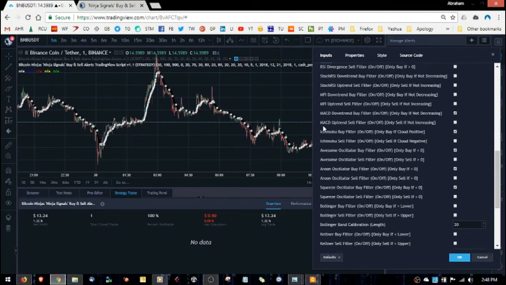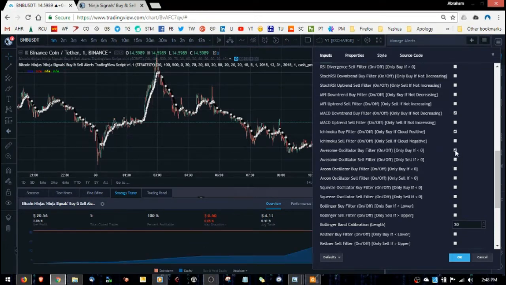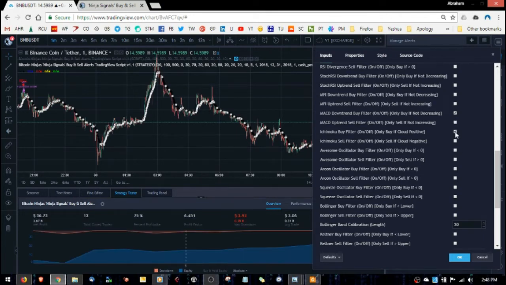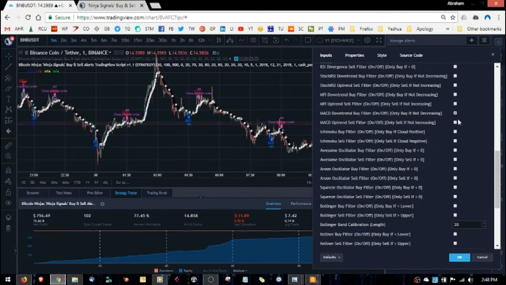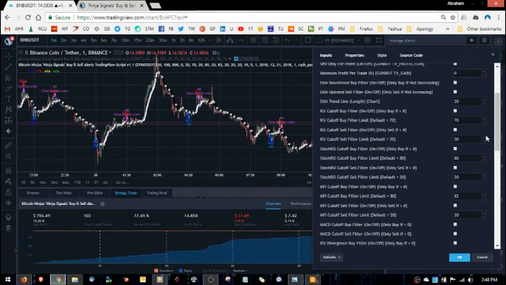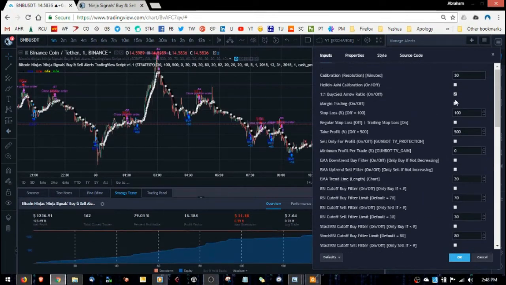So in this particular case, we're not seeing a lot of trades because most of the buy arrows are knocked out from all the buy filters I applied. So let's back off on some of those. And we see some more arrows are now creeping in. We see more net profit is being shown in the backtesting result, more numbers of trades, etc. But we'll go through these filters in more detail once we get down to it. So that's how the 1-to-1 arrow ratio filter works.